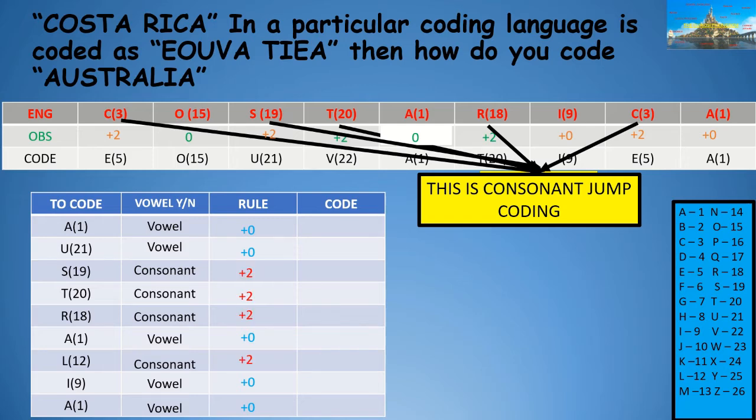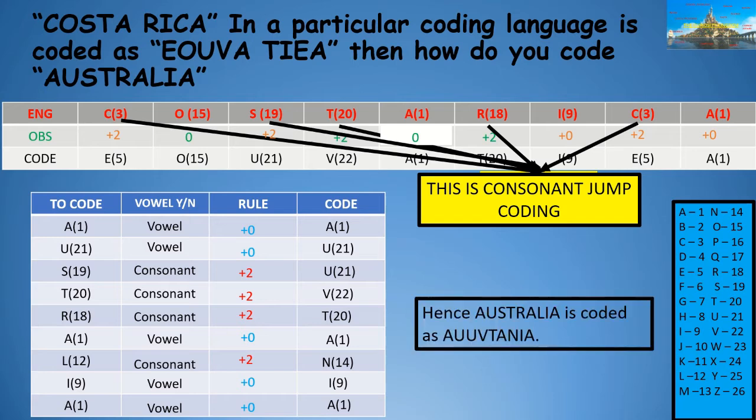And in the fourth one we write their code. So A remains as A, U remains as U, S becomes U, T becomes V, R becomes T, A remains as A, L becomes N, I remains as I, and A remains as A. So we conclude that the code for Australia is AUUVTANIA.